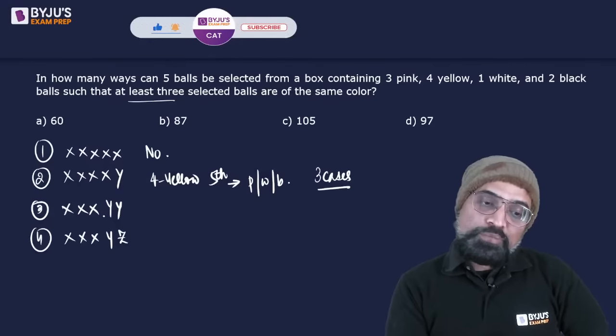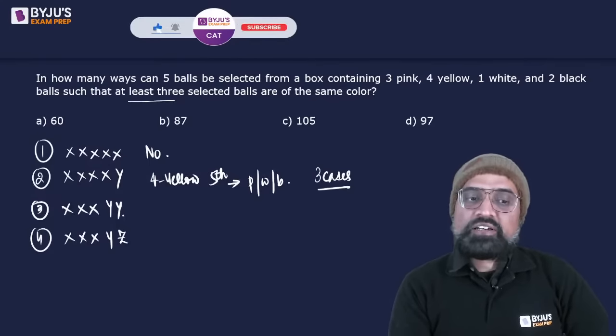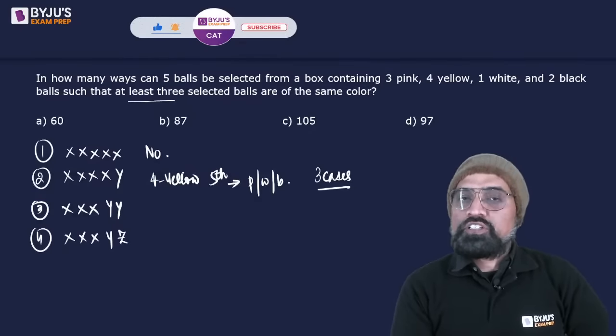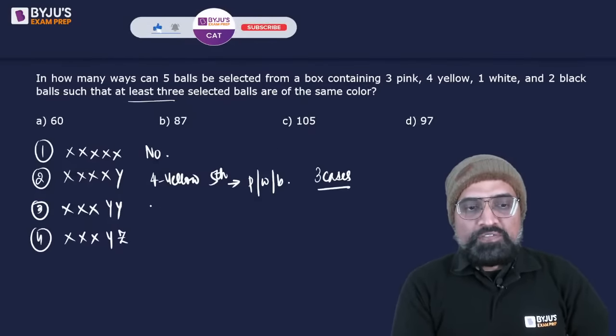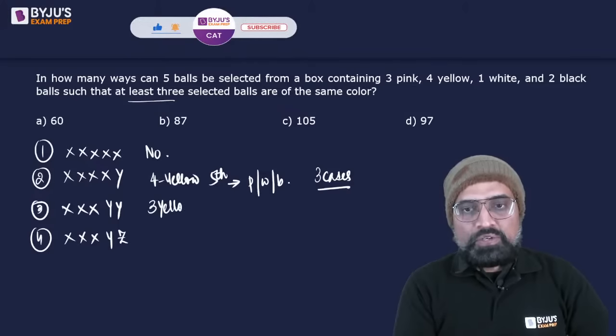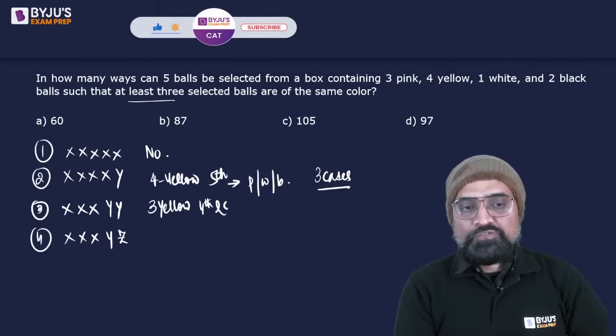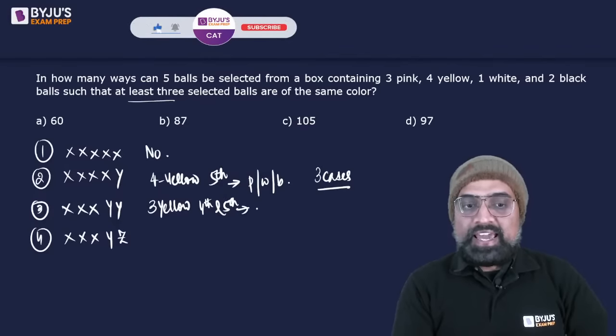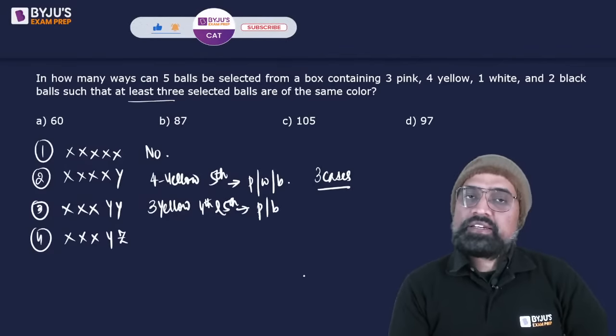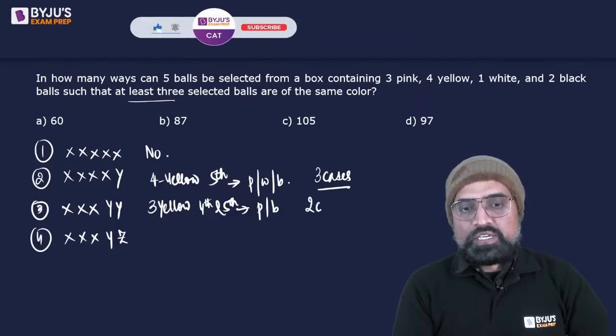So when we have 3 balls of same color and the other 2 balls of different color, what are the possibilities? So can we say these 3 could be yellow, and these 2, that is 4th and 5th balls, they can be pink or black. So that's 2 cases.